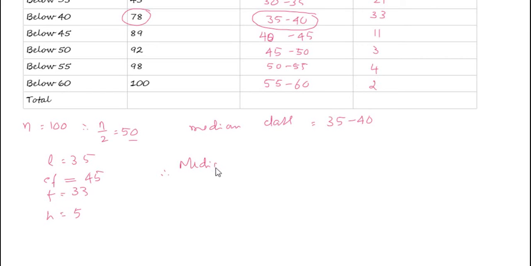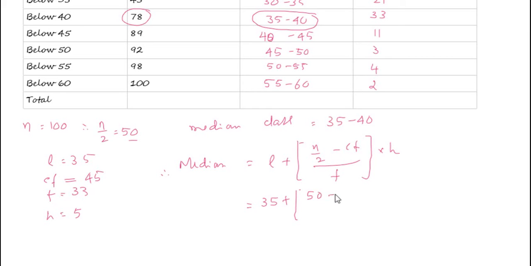So therefore median equal to L plus N by 2 minus CF divided by F into H. L is 35 plus N by 2. N by 2 is 50.